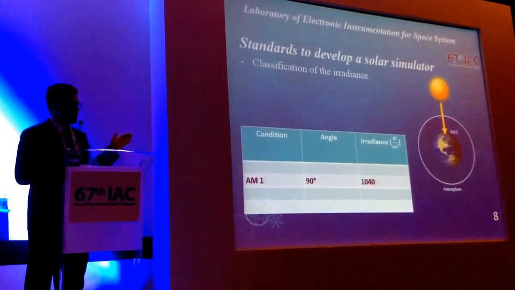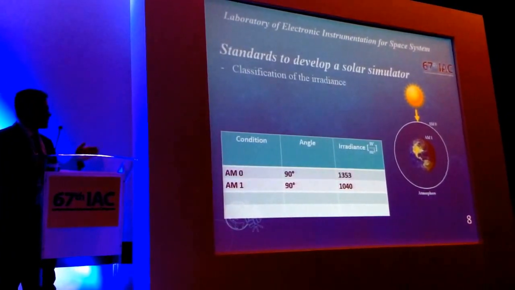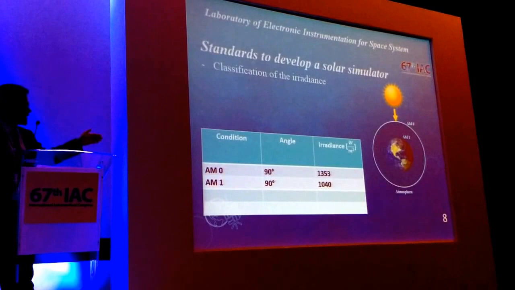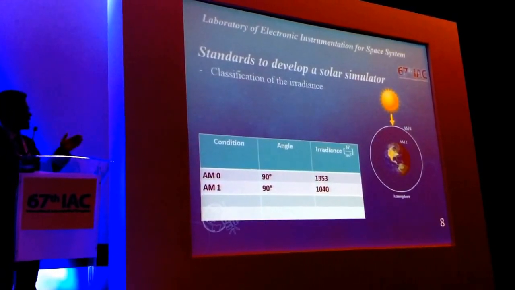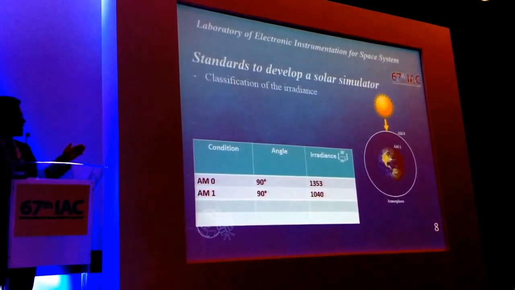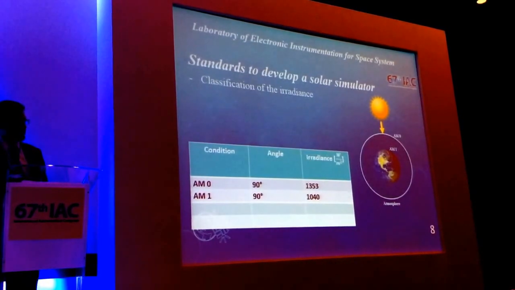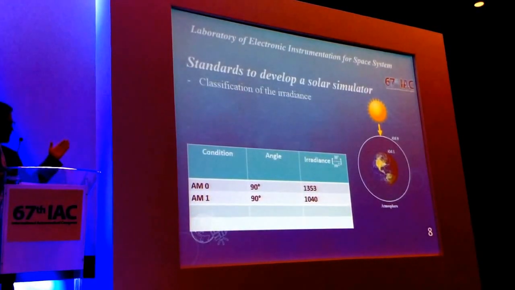The next case was the IM0 condition. In this condition, I am outside of the atmosphere, and at this level, the irradiance is more. We have here 1,353 watts per square meter, but also with the sun at the zenith.